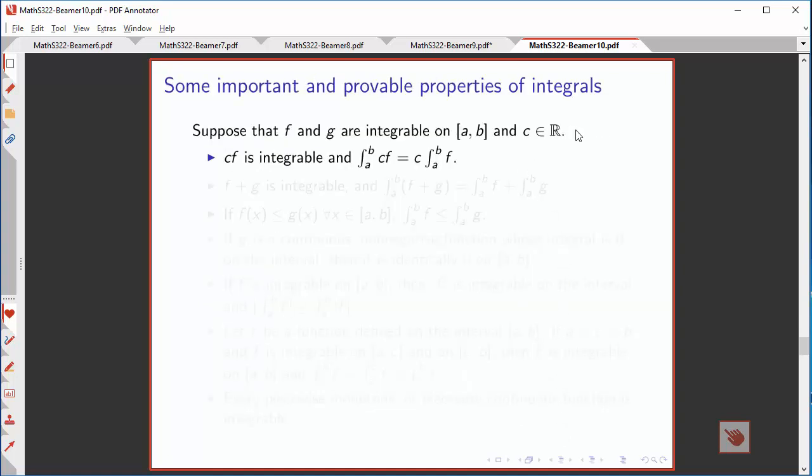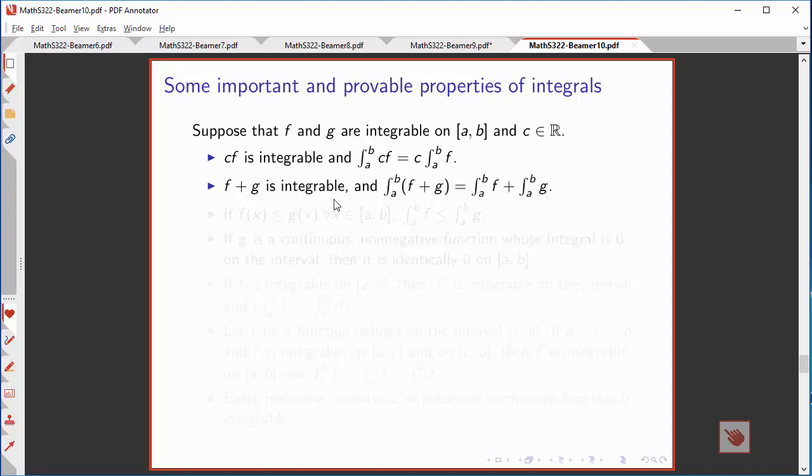Now that we've defined integrals, we can prove a lot of properties that are well known. I'm assuming we've got two functions that are integrable on the closed interval from a to b. Let's let c be some arbitrary real number. First property, multiply the function by c, you multiply its integral by c.